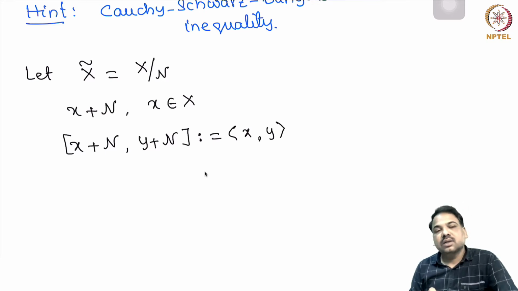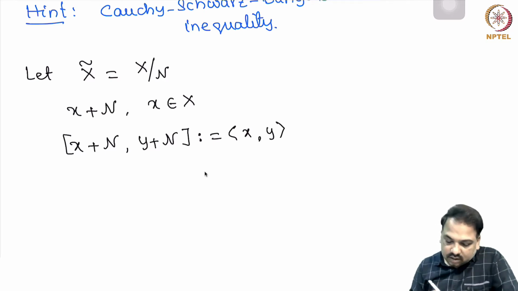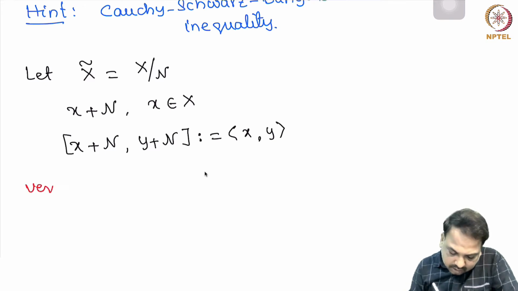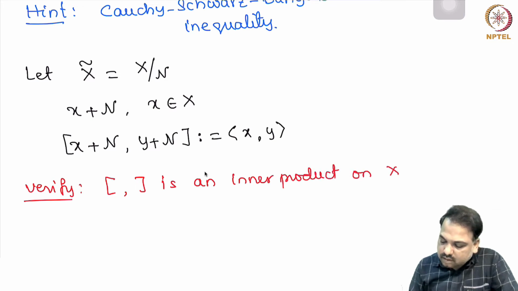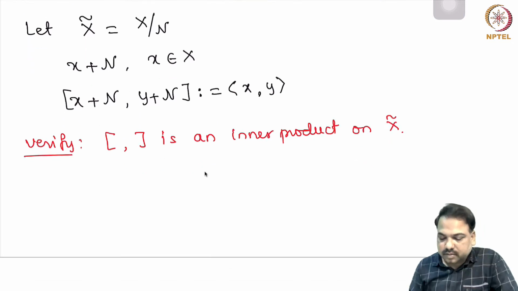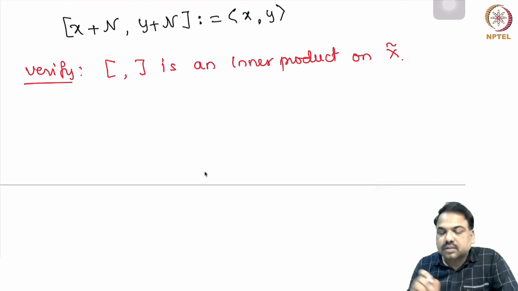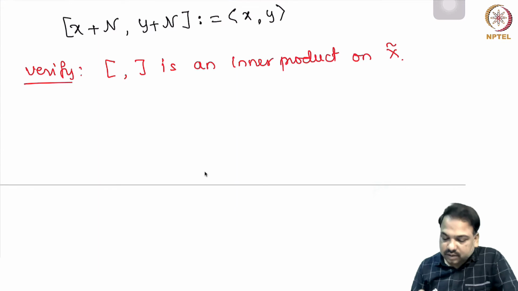In fact, the other properties can be verified very easily. So it can easily be verified that this is an inner product on X tilde. Let us see one or two simple examples.